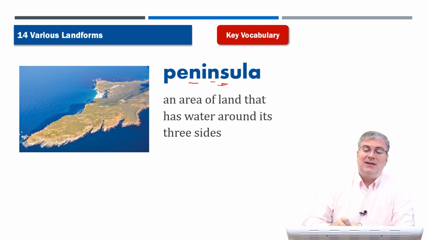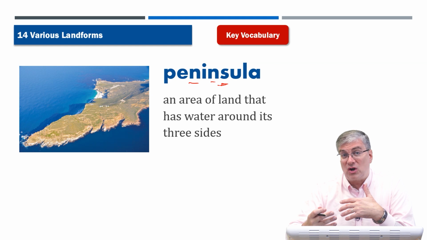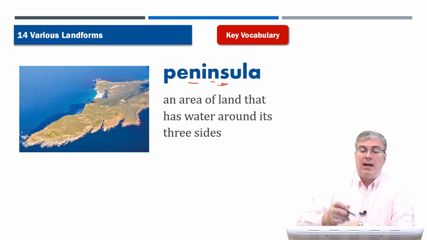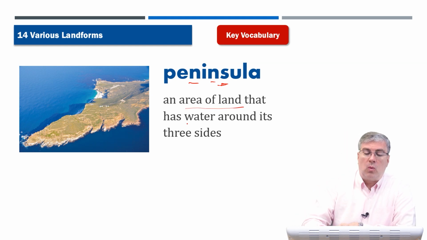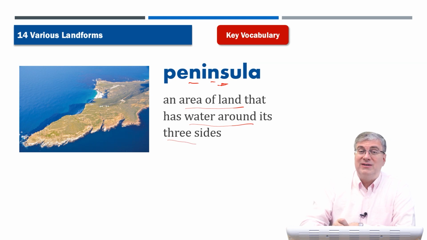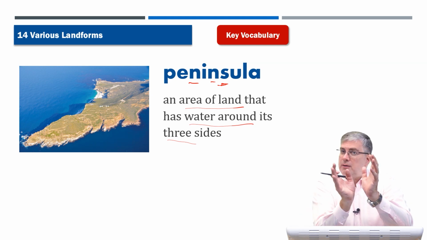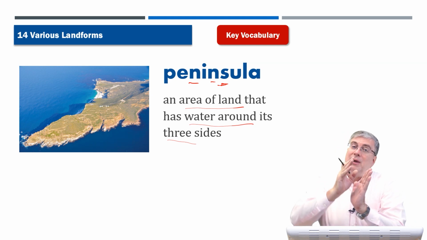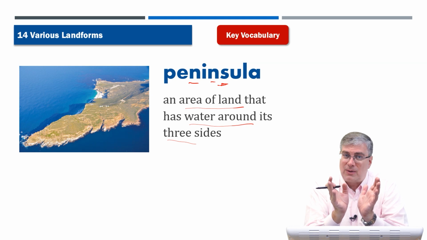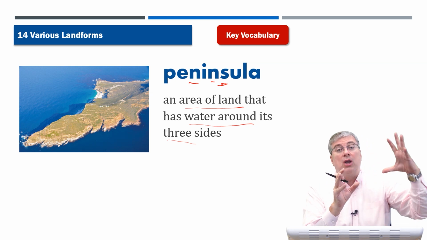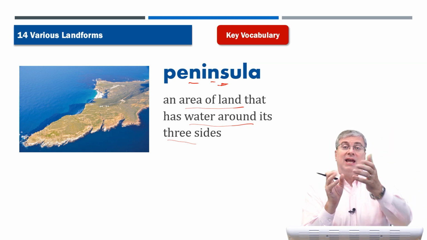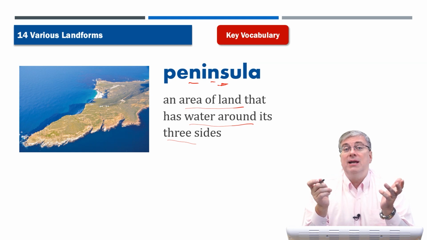Peninsula, of course, it's like the opposite of a gulf. Think about it. It's an area of land that has water around three sides. Not completely surrounded, right? A gulf is not completely surrounded by land. A peninsula is not completely surrounded by water. It's connected to a larger body of land. Take, for example, the Korean peninsula, very famous peninsula, right?